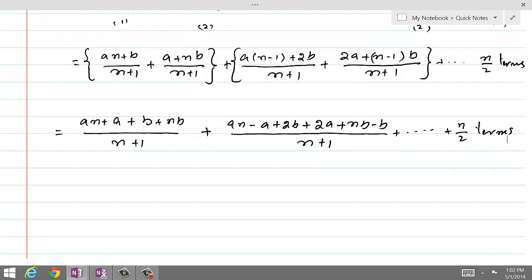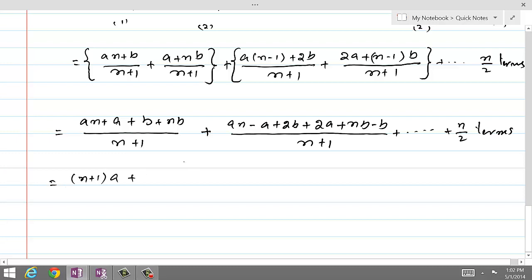Now if we simplify this and take a common, this would leave n plus 1 times a, plus if we take b common, n plus 1 times b, over n plus 1.